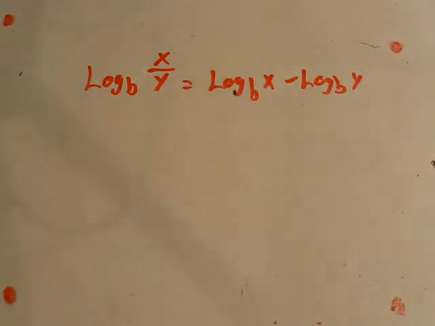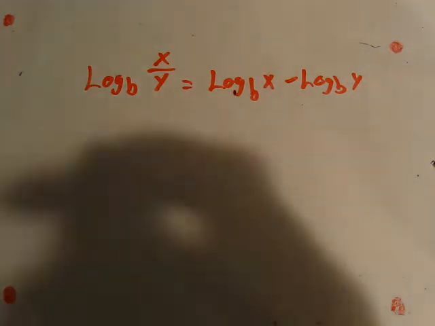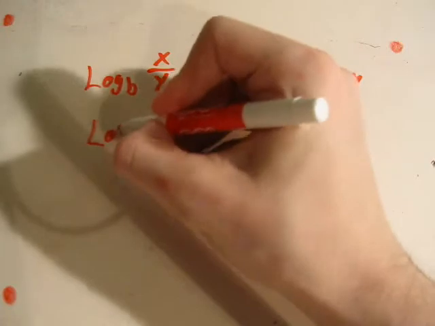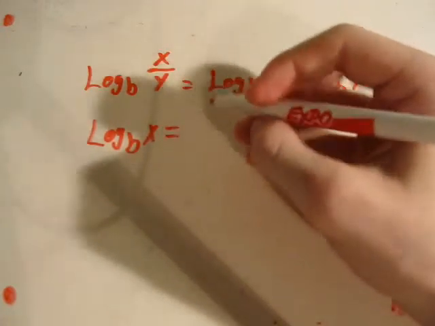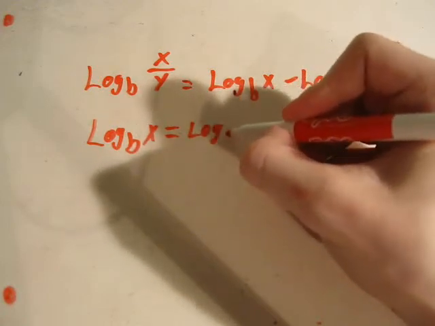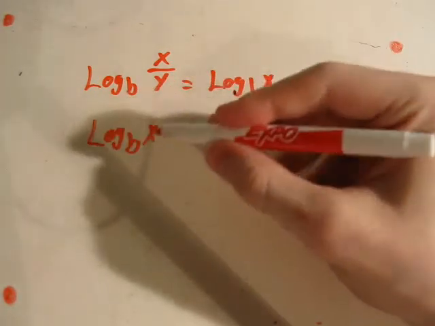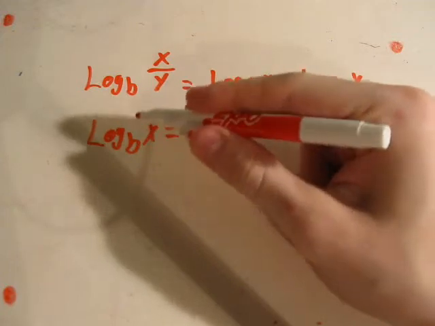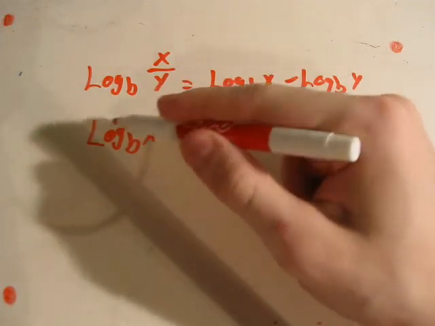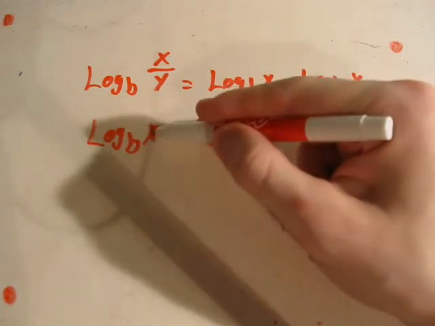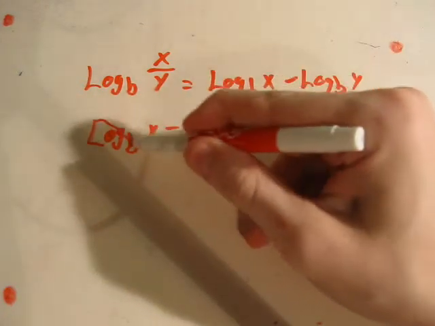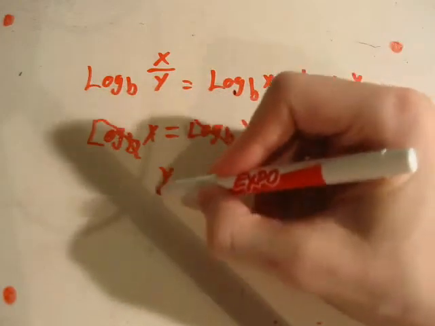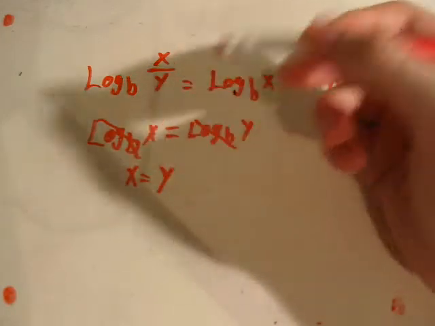And then you've got another one, which is to say logarithm base b of x is equal to logarithm base b of y. Now, here's the thing. Since this is a logarithm base b of x and this is a logarithm base b of y, the logs are actually going to cancel out, and it's just simply x equal to y.